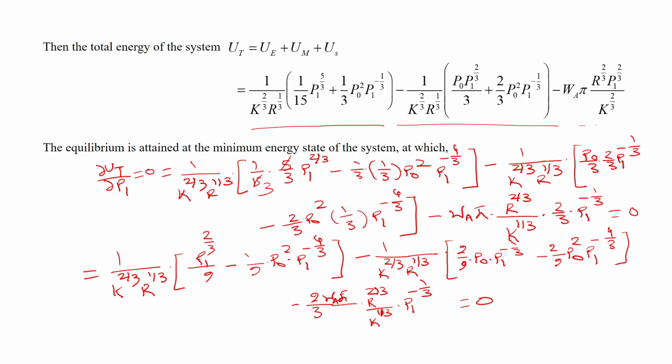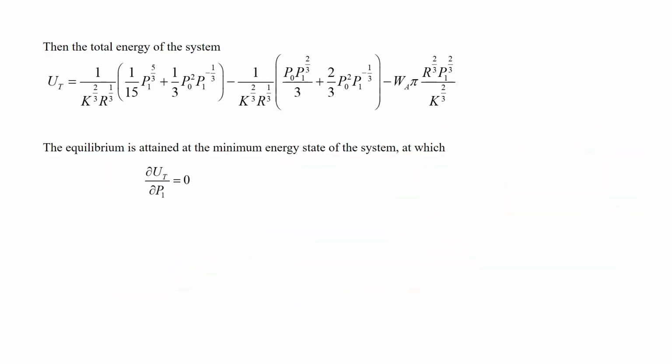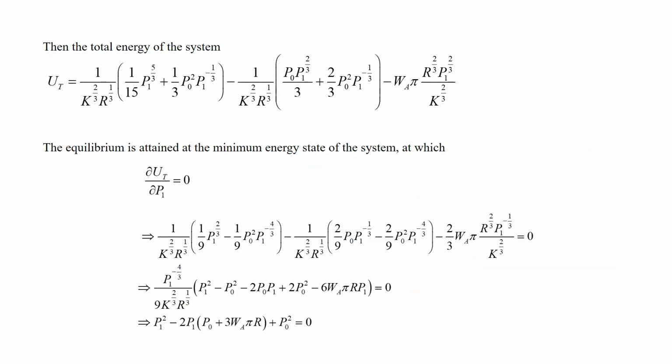So, now we can multiply both sides by k to the power 2 by 3 r to the power 1 by 3 and further simplify it. Further simplifying all these things gives rise finally to this expression, this into this over here leading to this expression.